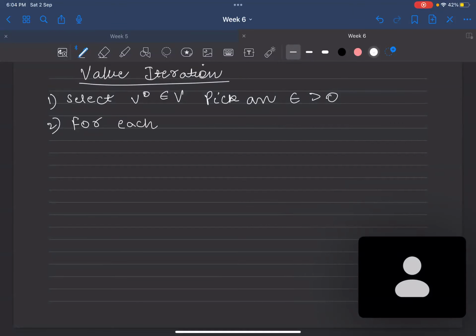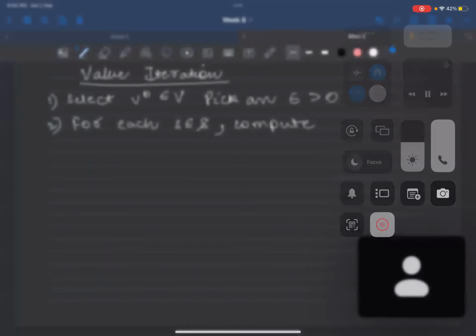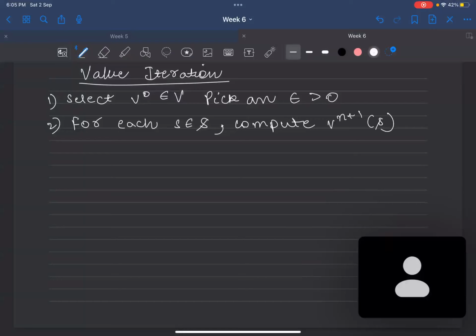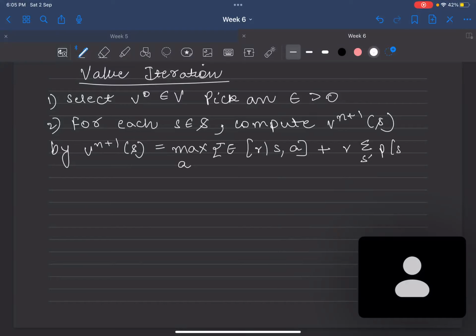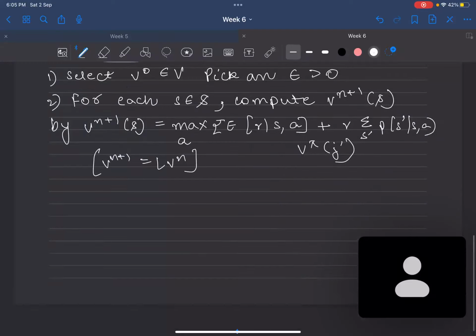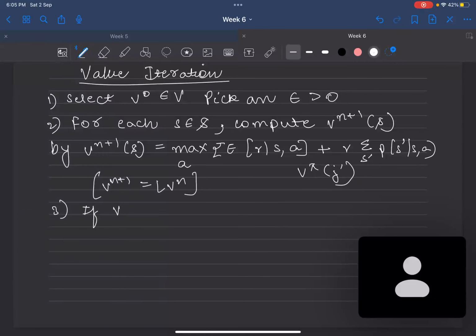The difference between value iteration and policy iteration: we'll solve an example with both value iteration as well as policy iteration, so that we can see the difference. Write it first and then we'll discuss it.